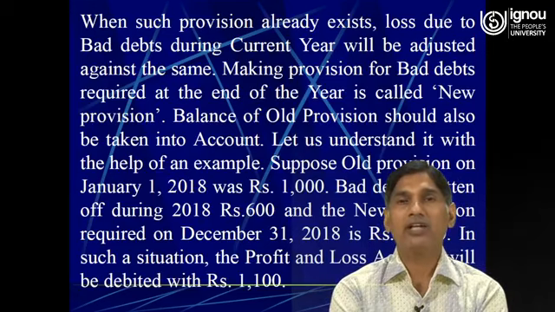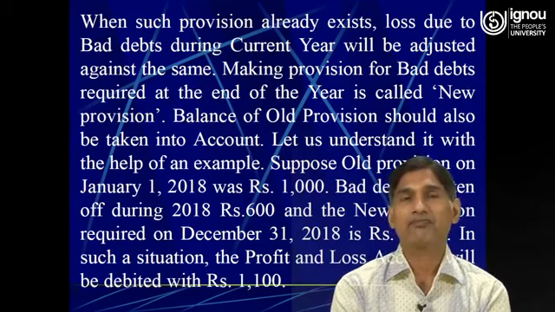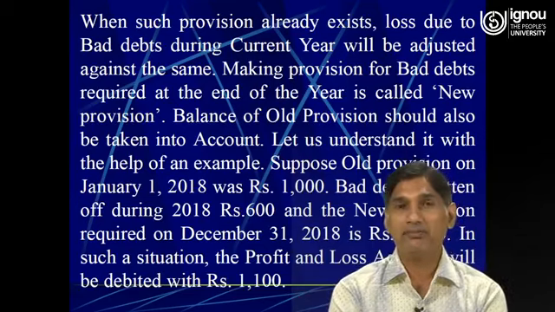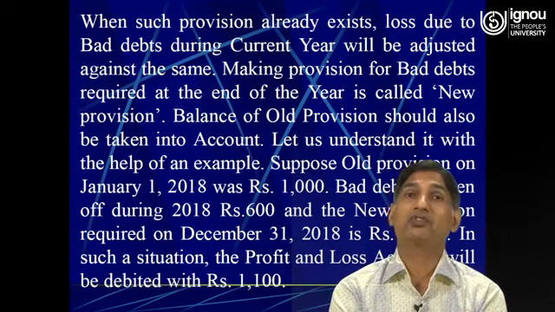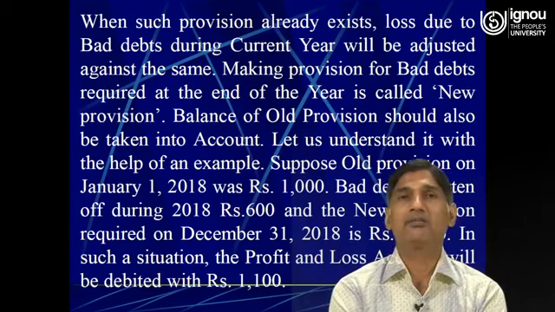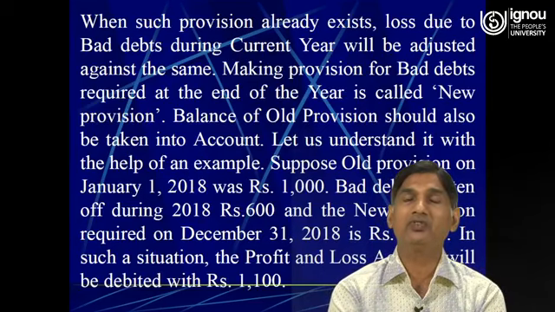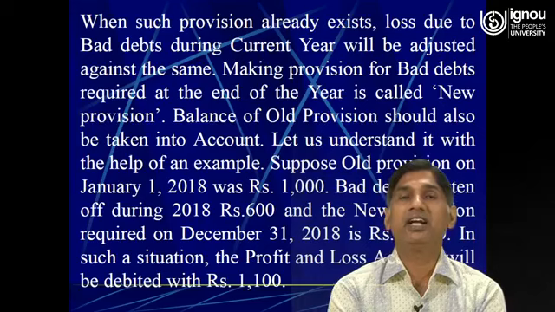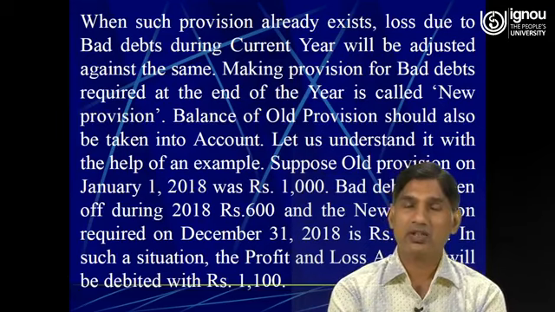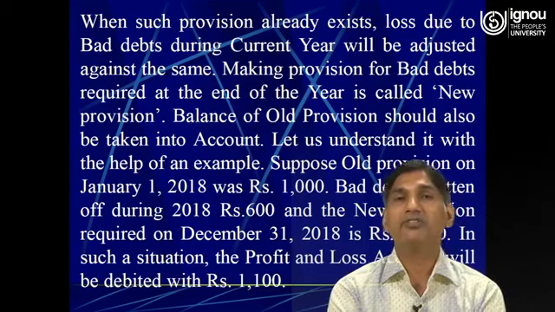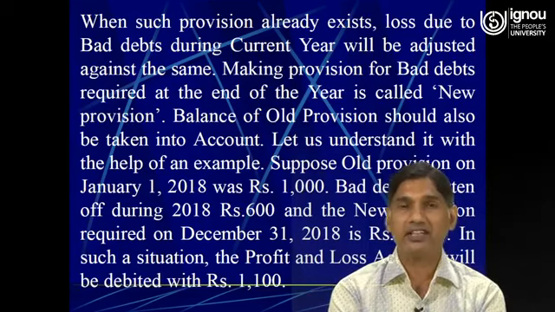Now I would like to make this equation more clear and elaborate on it. First of all, bad debts. This is the amount of bad debts given in the trial balance, plus further bad debts, the amount of bad debts given as additional information outside the trial balance, plus new provision which we have to make on fresh debtors.